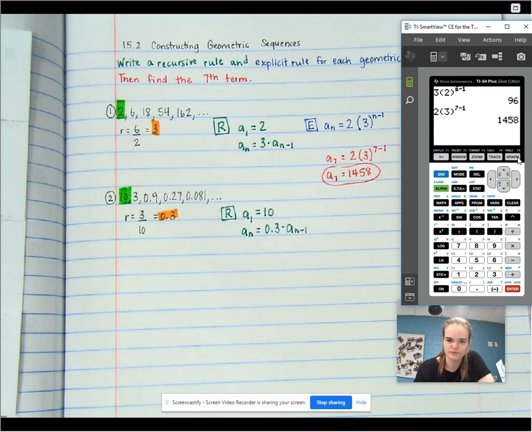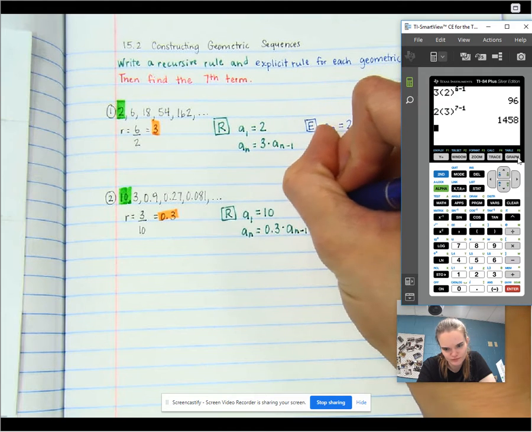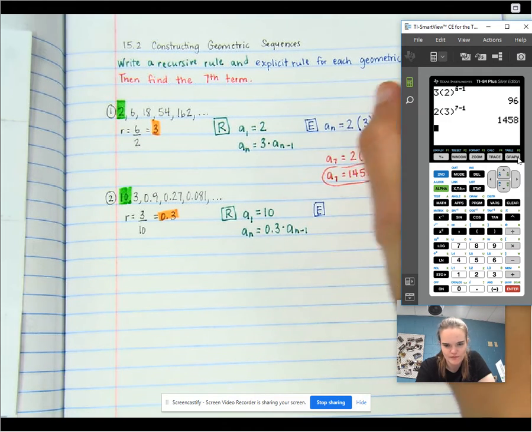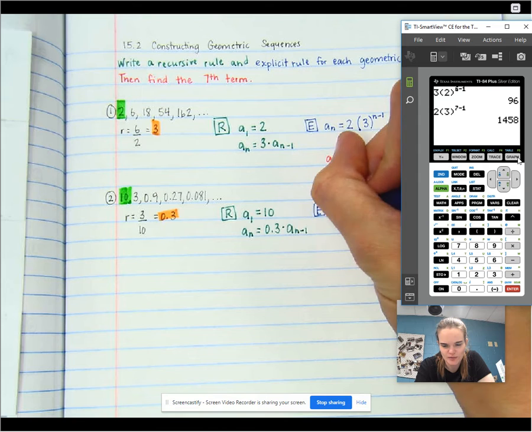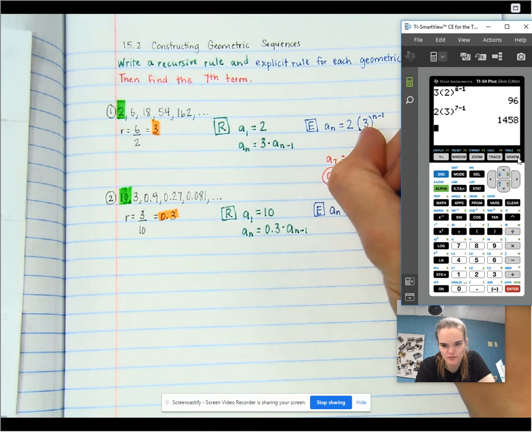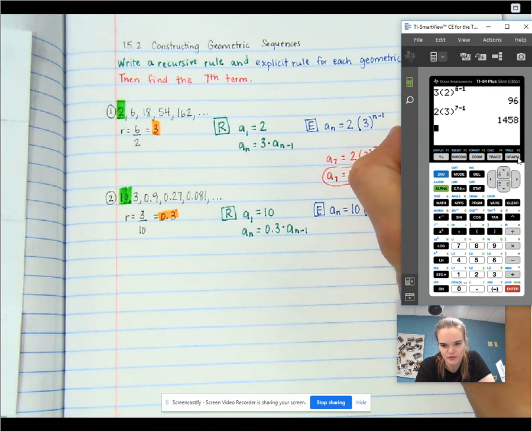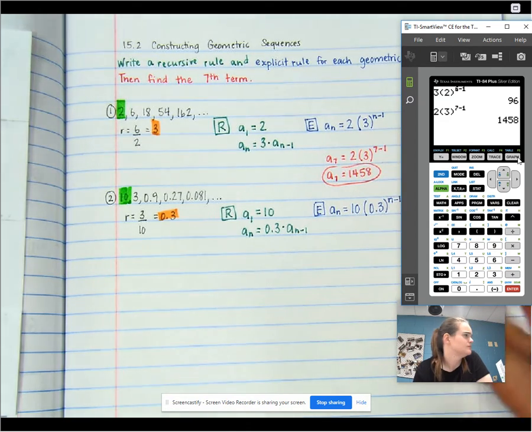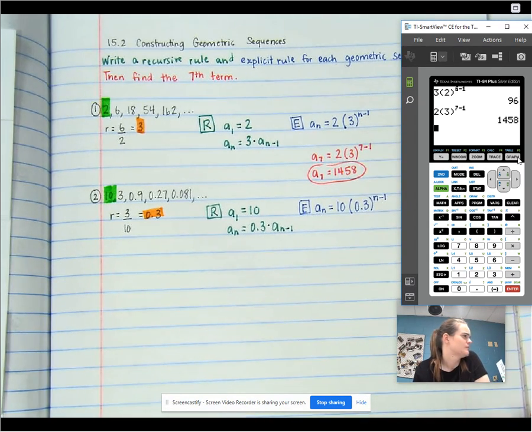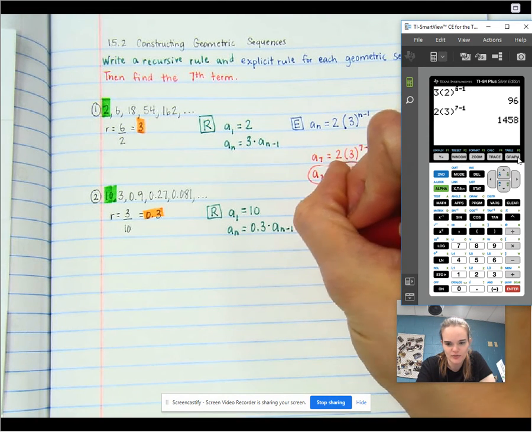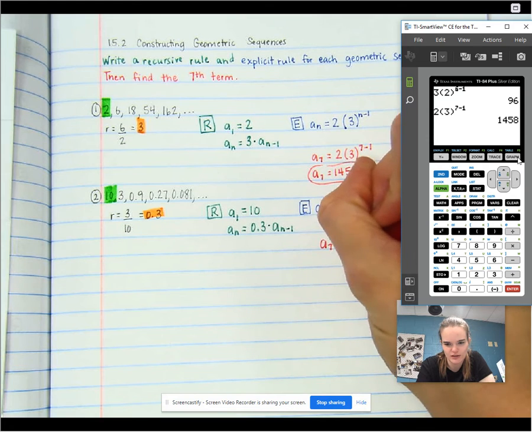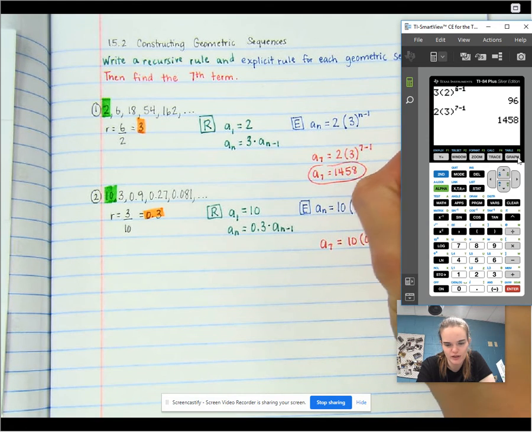The explicit rule is A sub n equals the first term times 0.3 to the n minus 1. And last, we'll find the 7th term. A sub 7 equals 10 times 0.3 raised to the 7 minus 1 power.